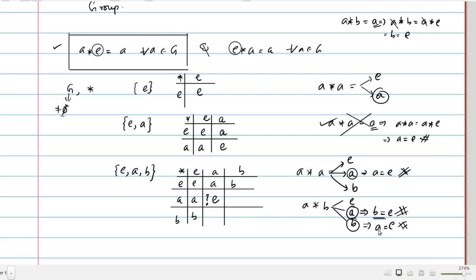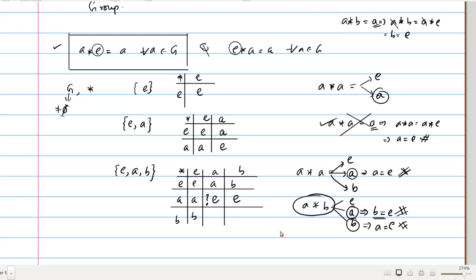In a similar fashion, you can get A equal to E. If we assign A star B is equal to B, then we have A is equal to E, which is also a contradiction. So the only possibility for A star B is E. If we fill E here, then what happens?